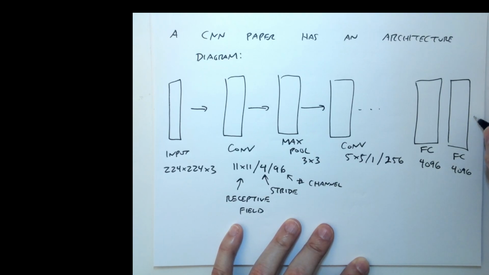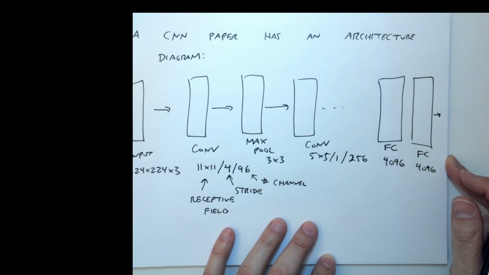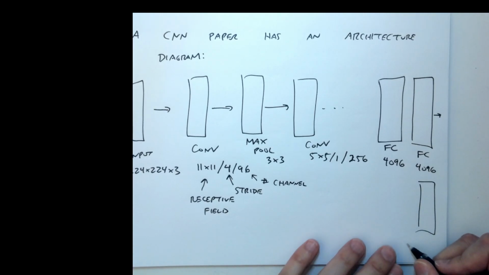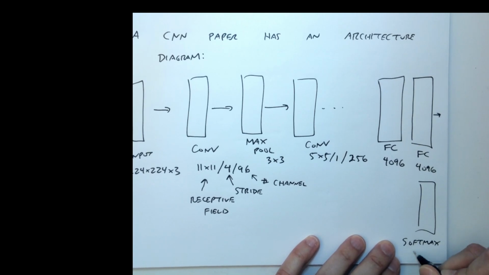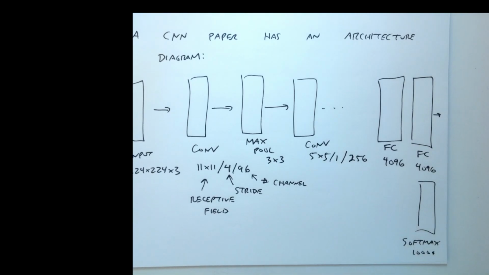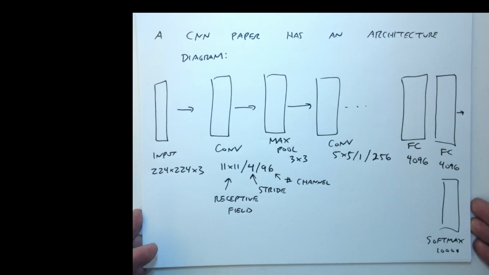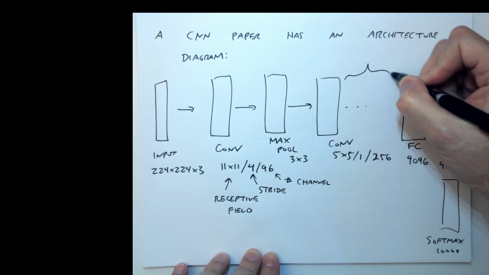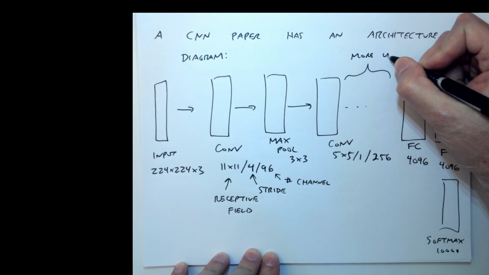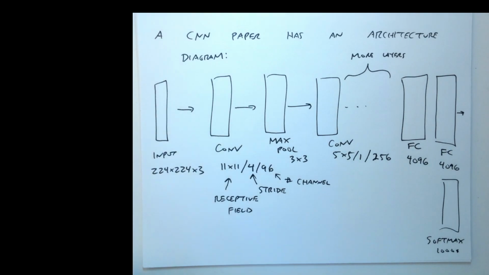And then this ends with a softmax with 1,000 neurons, right? This is actually the structure of AlexNet from when I talked about that AlexNet paper before, the winning entry. But even here, there are many more layers inside this. So you basically have this diagrammatic shorthand for what fundamentally is a very complicated network structure.